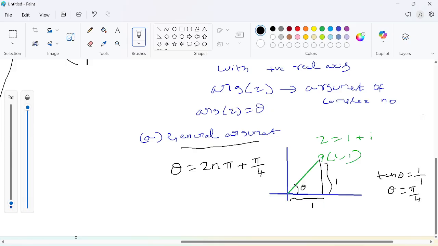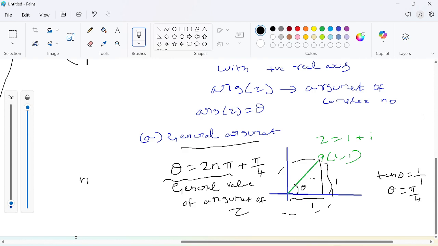So this is the general value of the argument of z. The general value is 2n pi plus pi by 4 because if I rotate 2 pi times, I'll again come to the same place. If n equal to 0, theta equals pi by 4.